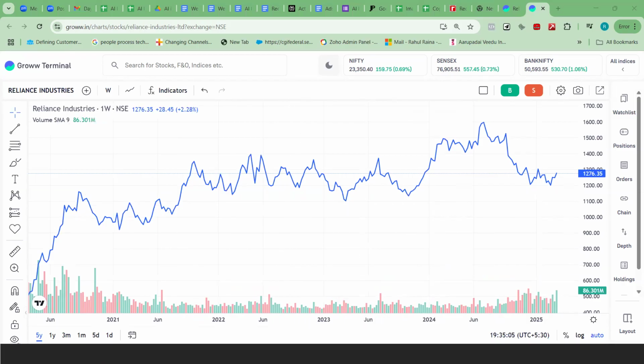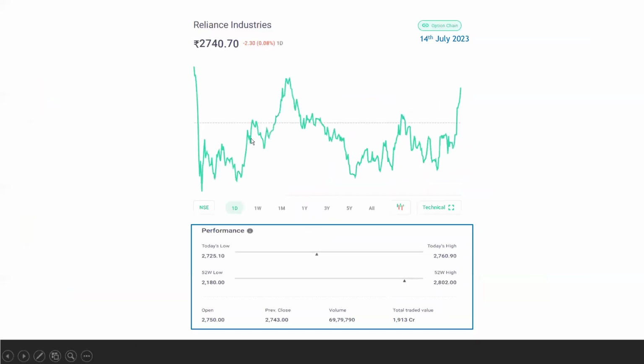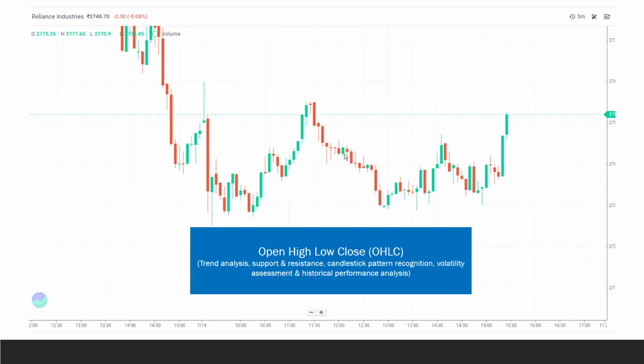Now, what happens? The same information can also be shown via this chart. You would have seen this kind of chart wherein you will see a lot of red and a lot of green. This chart is called open high low close, because as a technical trader you need to have knowledge about all these aspects.